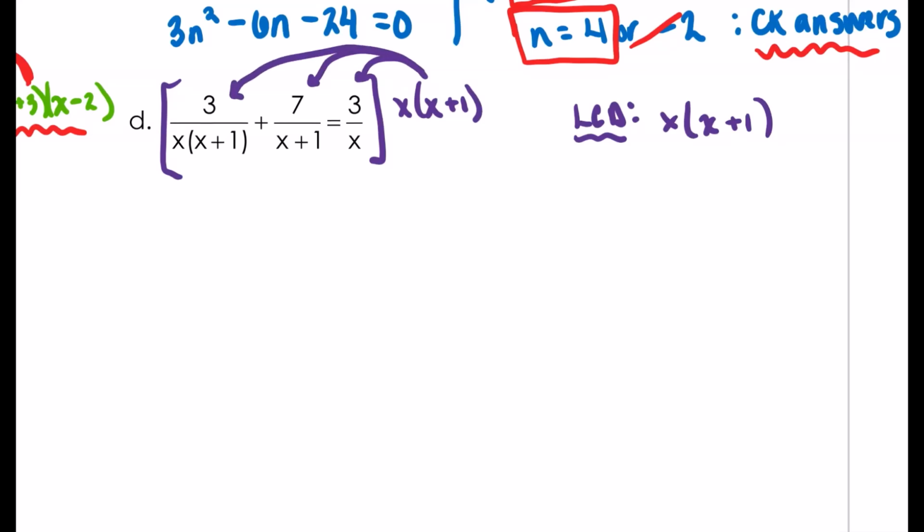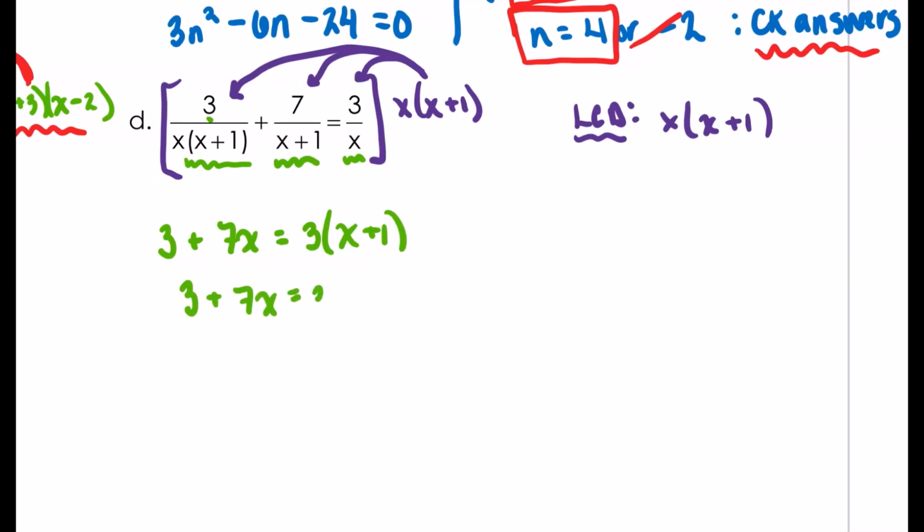Well, on my first fraction here, everything is going to divide out, so I'm just going to be left with the 3. On my second fraction here, the x plus 1's divide out, so I'm left with 7 times x. And then on the right-hand side of my equation, the x's divide out, and I'm left with 3 times x plus 1. So then notice I have 3 plus 7x is equal to 3x plus 3.